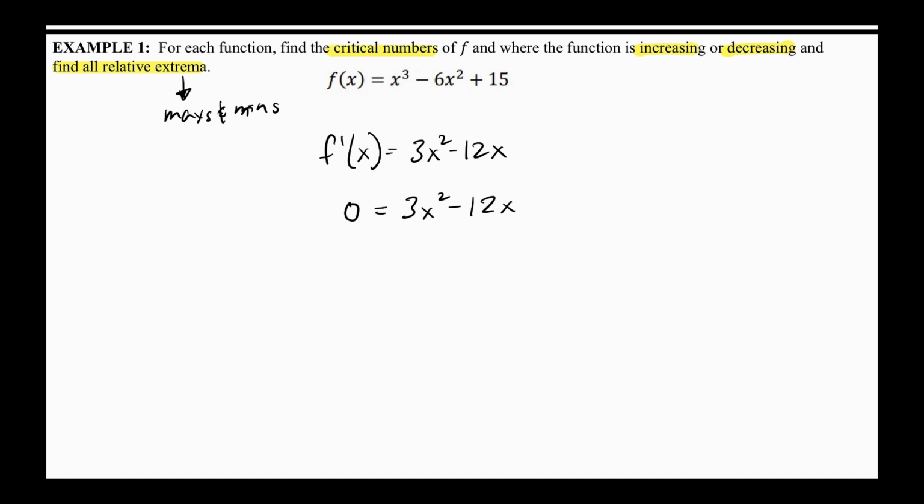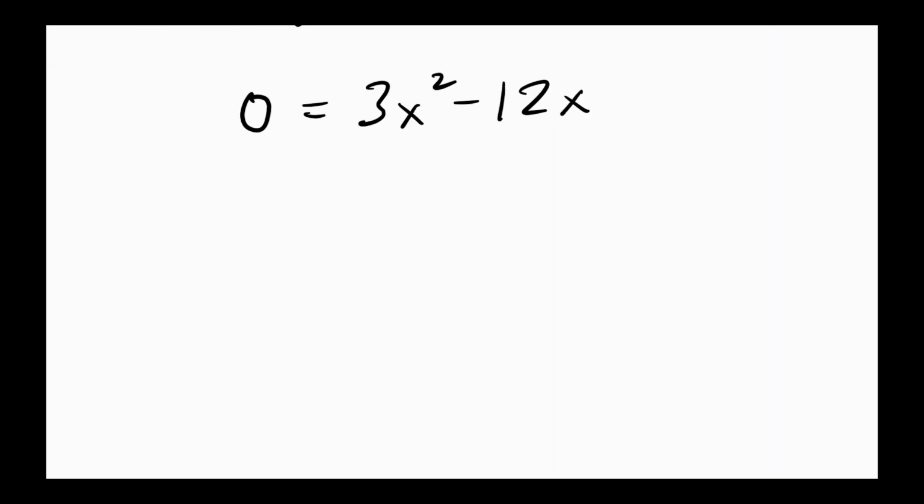Okay, go back to math 2, math 3. How do I solve for x here? There's a couple different ways. There's an easier way and there's a harder way. I'm not going to tell you which, but what are we going to do? GCF. There's a GCF. Anytime there's a GCF, use it. So what is the GCF for this guy? What can I divide both of them by? 3, definitely 3.